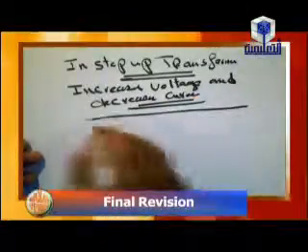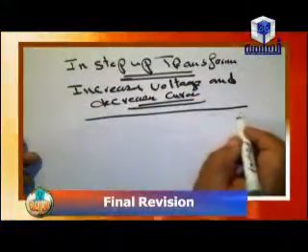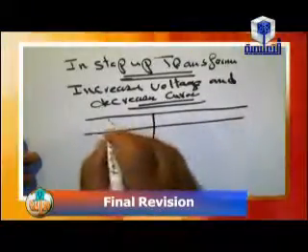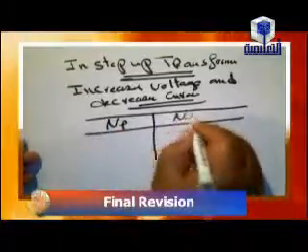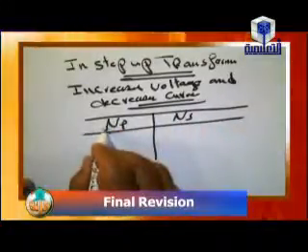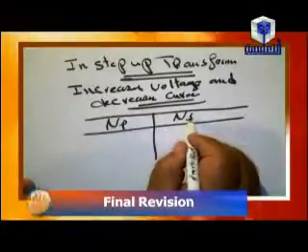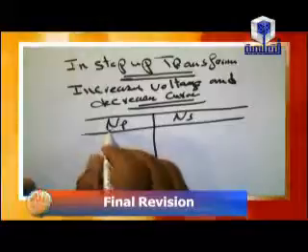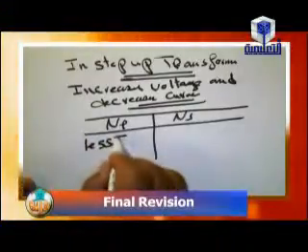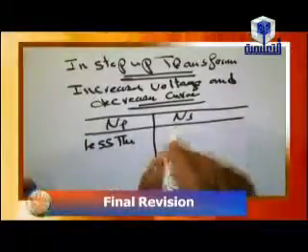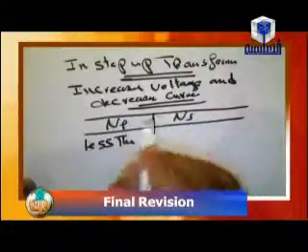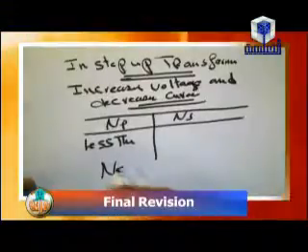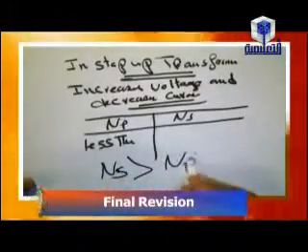So we can make comparison between number of turns of secondary and the primary coil in step-up transformer, NP and NS. NP is the number of turns of primary coil and NS is number of turns in secondary coil. We find that number of turns of primary coil is less than number of turns of secondary coil. So NS is greater than NP.